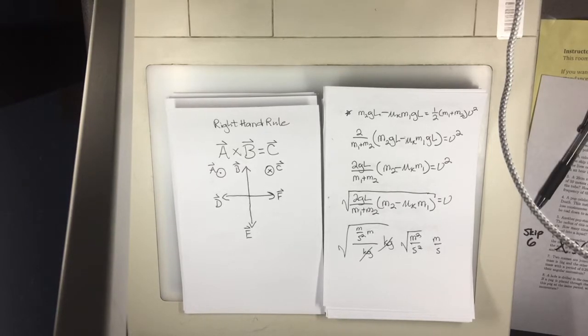So what do you see when I've got my magic arrow aimed at you? The tip of the arrow. So the tip of the arrow is A. A is the vector coming out of the page. A is the vector coming at you in this particular case.